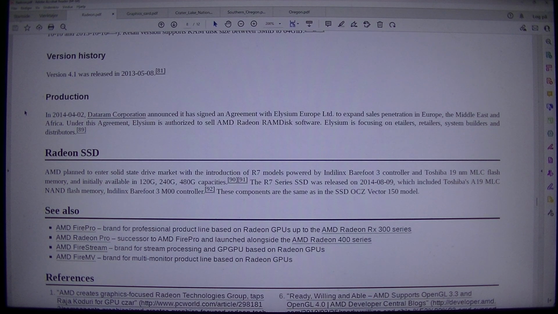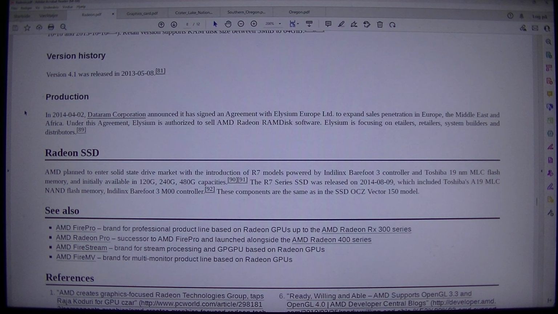The R7 series SSD was released on the 9th of August, 2014, and included Toshiba's A19 NAND flash memory and Indilinx's Barefoot 3 M00 controller. These components are the same as in the OCZ Vector 150 SSD model.